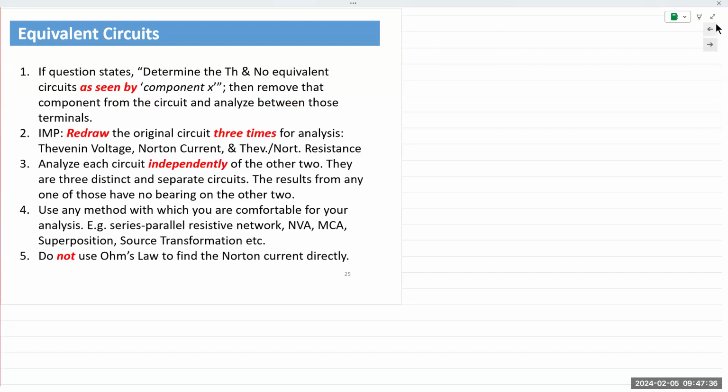For all three, you will modify the original circuit in some way, and then you have a different circuit which you will need to analyze independently of the other two. Again, three quantities: resistance, voltage, and current. So it's three different analyses.